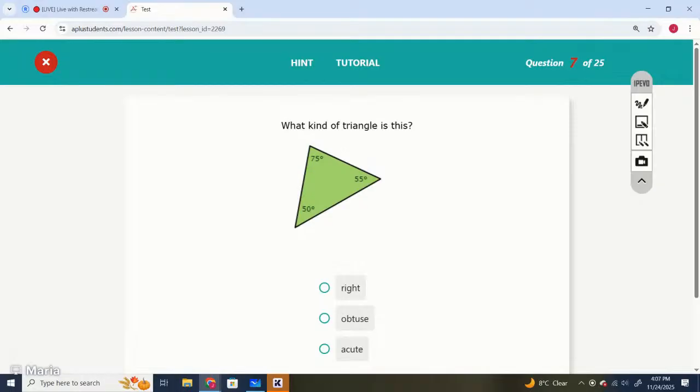What kind of triangle is this? That is the acute triangle.